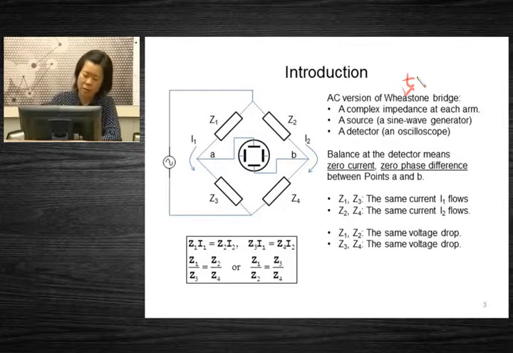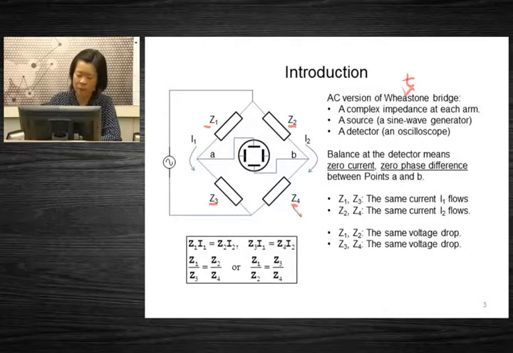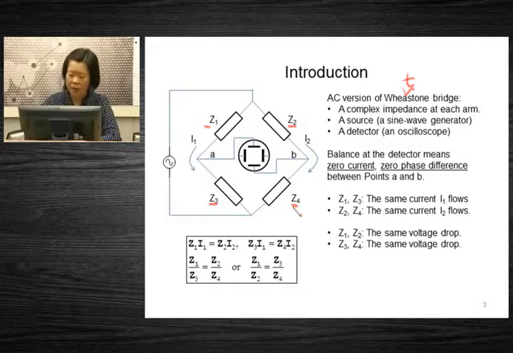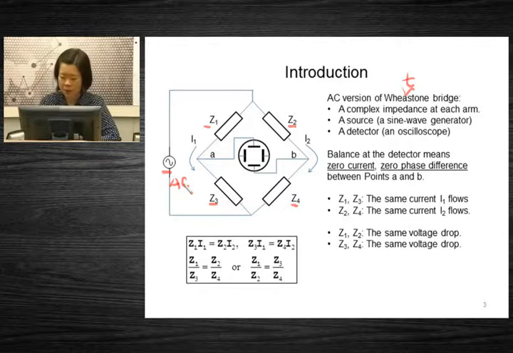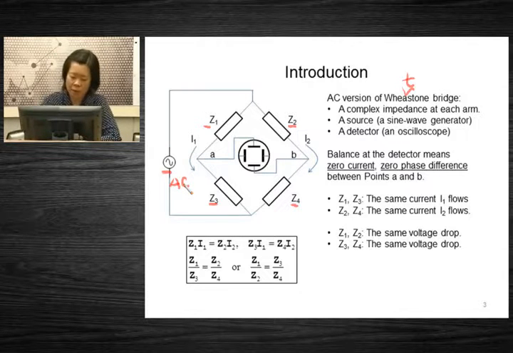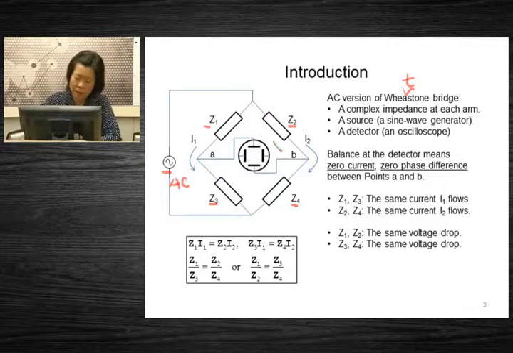It has impedances Z1, Z2, Z3, Z4 at each arm. It has a source. Now this time this is an AC source, usually a sine wave. Then we have a detector in the middle. This is a symbol for an oscilloscope.